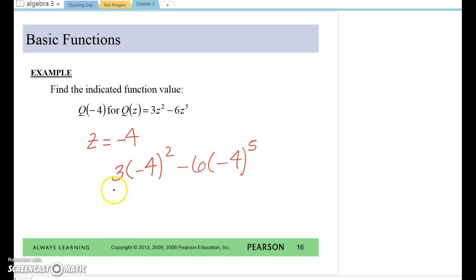So if you did it correctly, Q of negative 4 is 6192. If you did not do it correctly and you didn't put your parentheses around it, you would have got a different answer.